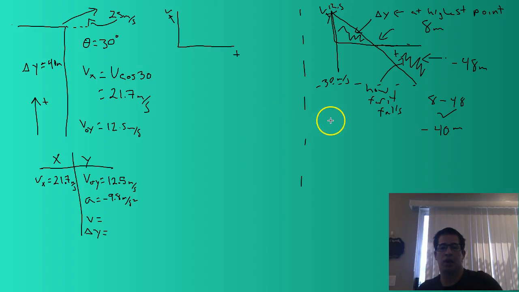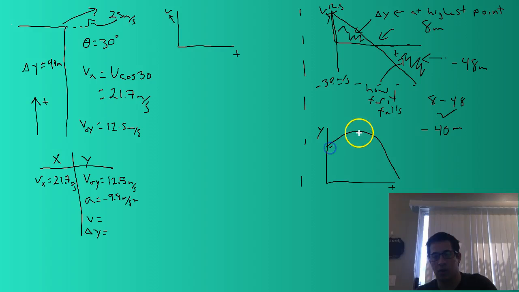Okay, some other things, if we were to graph the position, we'll do position as opposed to displacement. So we start up here at 40, and it's going to look like this for y, highest point. Okay, and then for x, let's look at x now. Horizontal velocity is going to look like this, constant velocity of 21.7 meters per second.